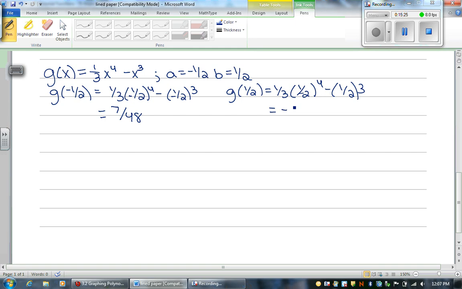Gives us a value of negative 5/48. So since we went from a positive to a negative, we can say that there is a real zero between negative 1/2 and 1/2.